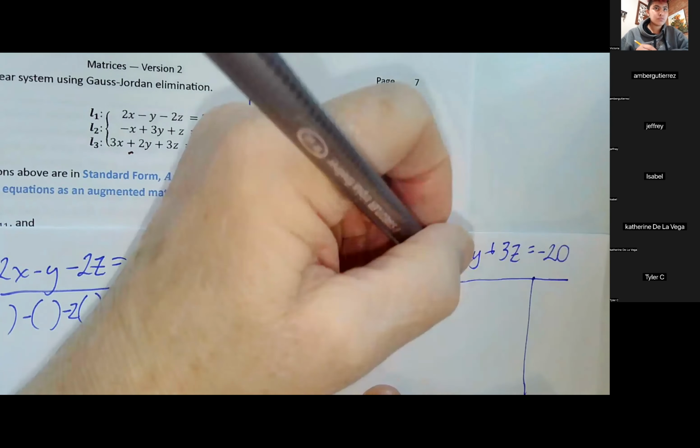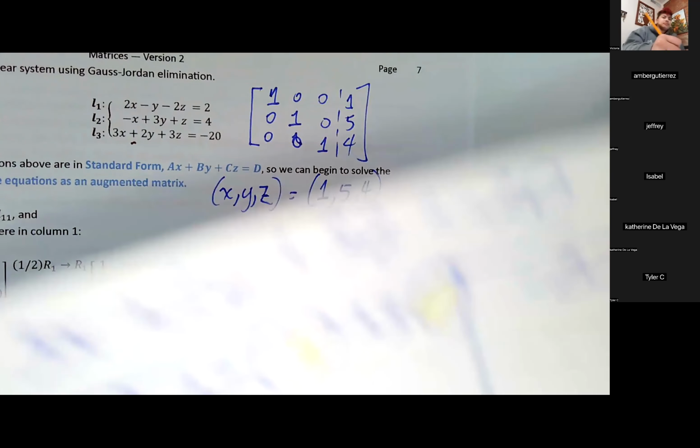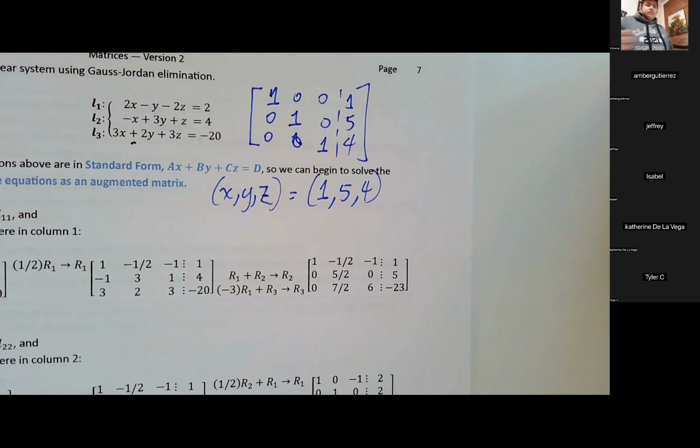So we started off by switching, excuse me, the second row and the first row. And I don't know where I wrote that down, so let's go ahead and write it down again. So we did row 1 switch with row 2.